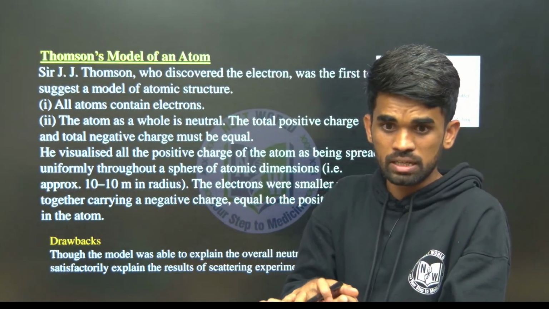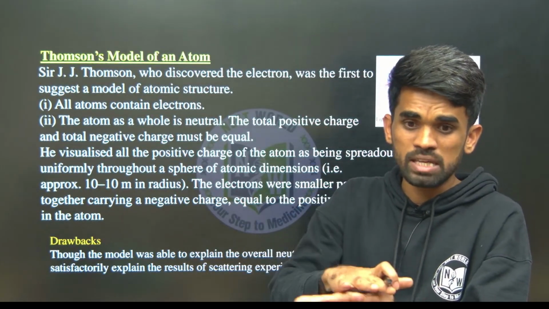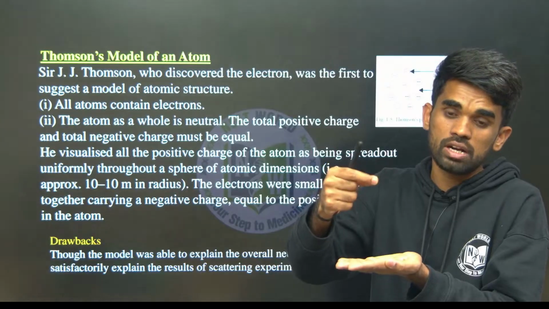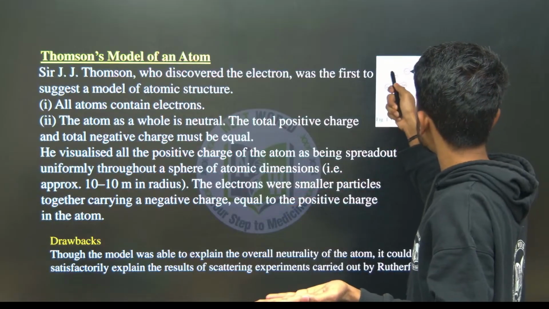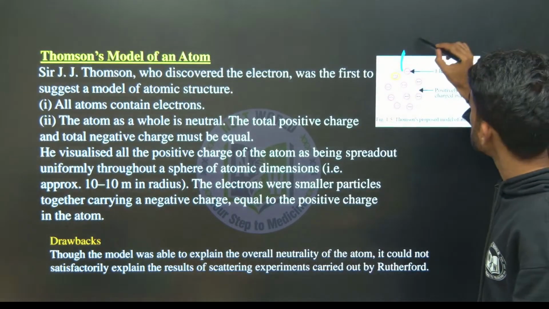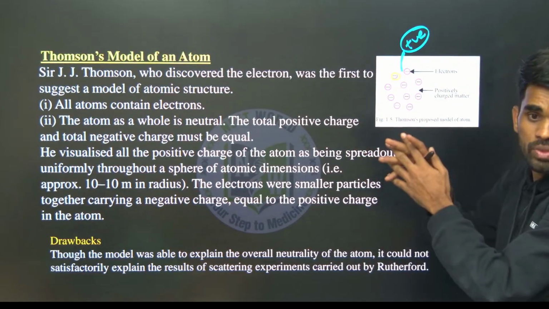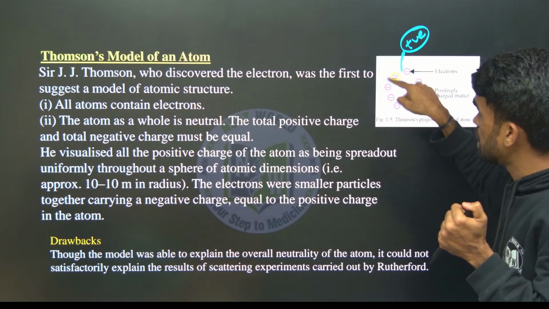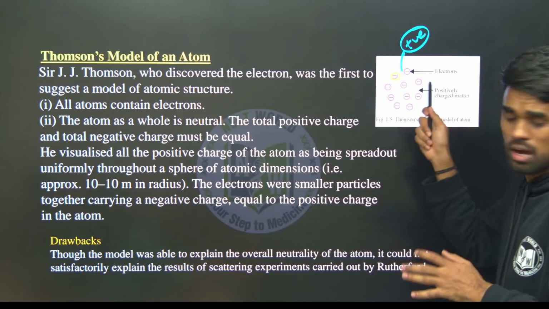Consider the red part as a positively charged species, uniformly distributed, in which the seeds, the electrons, are embedded, like a watermelon. The blue part is the positive charge spreading all over the atom, and overall the atom is neutral, because electrons are embedded in it in the same number as protons.